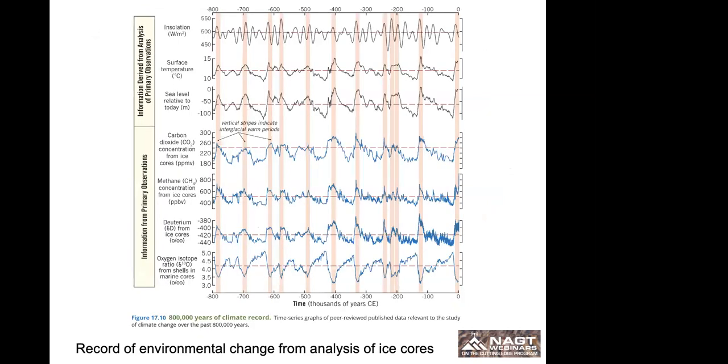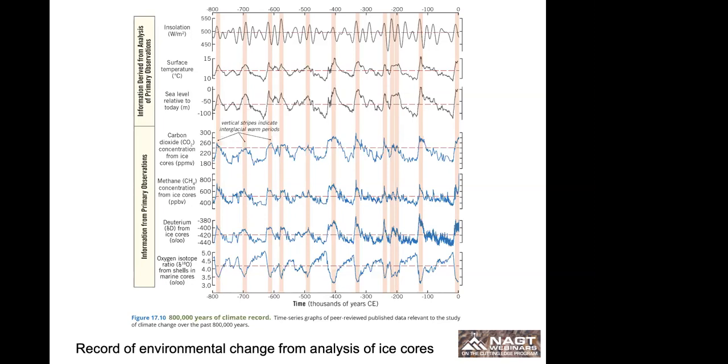The time series that are most relevant to the climate issue over the past 800,000 years are compared in a single chart within the introductory text of the chapter. The time series include insolation, think Milankovitch cycles, surface temperature, global sea level, carbon dioxide, methane, deuterium, and oxygen isotopes from shells and marine cores.